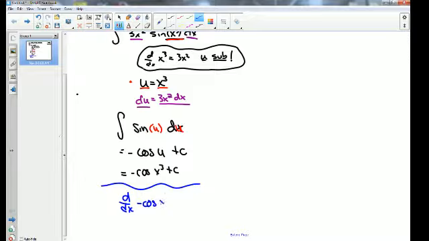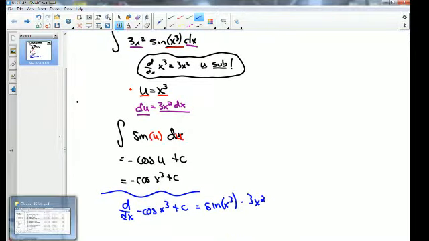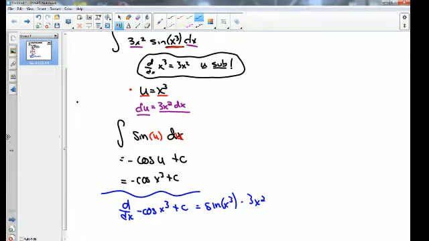I think you got it. Derivative of the outside, copy the inside, and then the derivative of the inside, right? So if you always want to check your work, you can refer back to the original derivative versus antiderivative, thinking in terms of the chain rule.